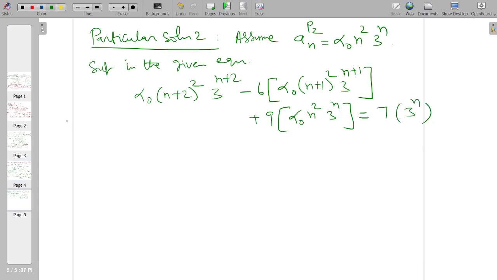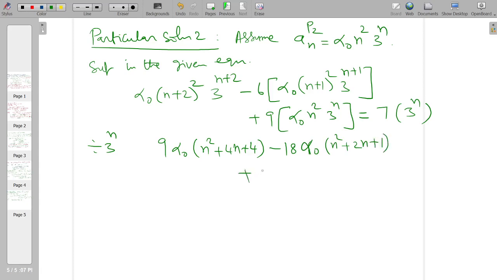Okay, so now as usual I divide with 3 power n. So I have 9 alpha naught into n squared plus 4n plus 4. And now I will have 3 here, because I am dividing 3 power n plus 1 with 3 power n. I will have 3 into 6, 18 alpha naught into n squared plus 2n plus 1 plus 9 alpha naught n squared is equal to 7.